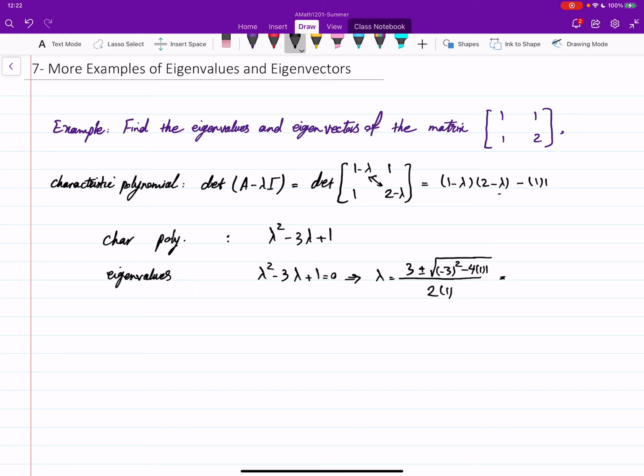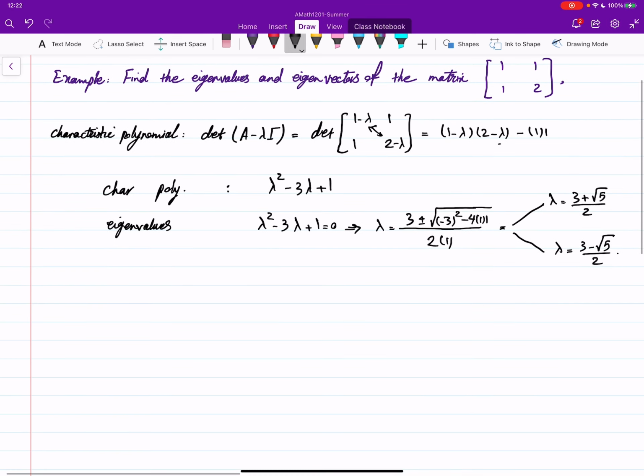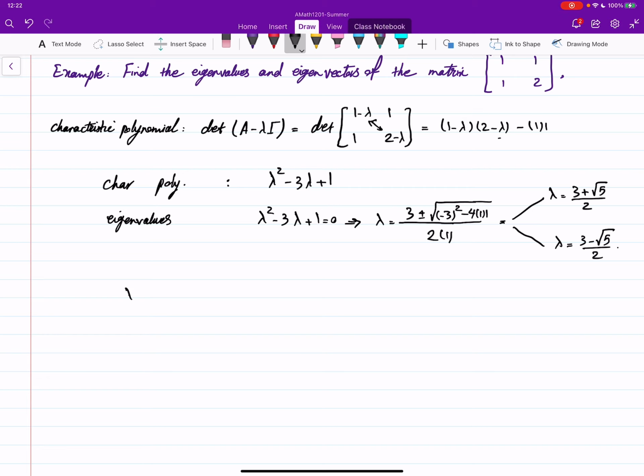If you do that, there are two values: 3 plus, under the square root, 9 minus 4, which is just 5, and 3 minus root 5, over 2. There are two eigenvalues. I found them: 3 plus root 5 over 2, or 3 minus root 5 over 2.